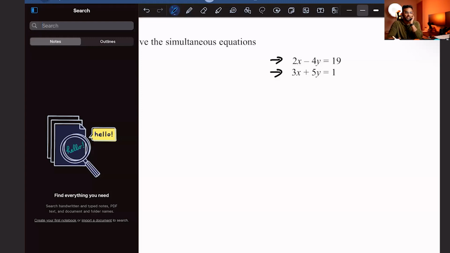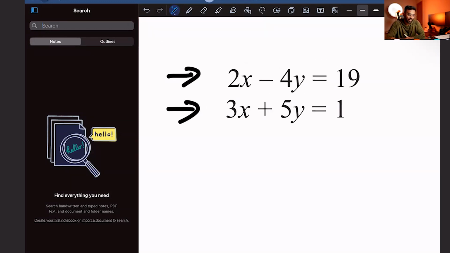There are two equations, but there is a problem. There is no one variable on its own. When I say that, there's no x or y just on its own. They all have some sort of numbers with them, and that is what is making them a little bit hard.